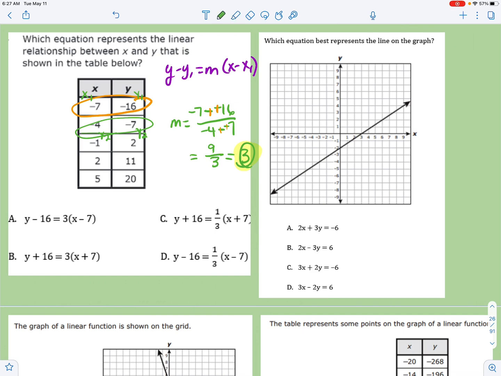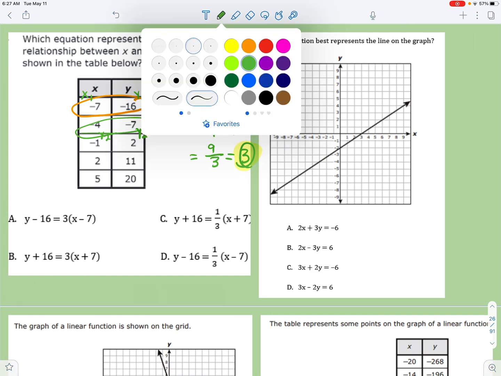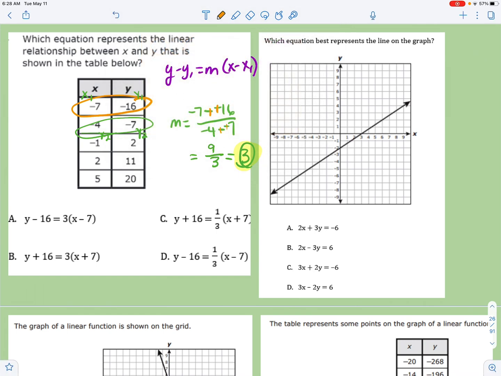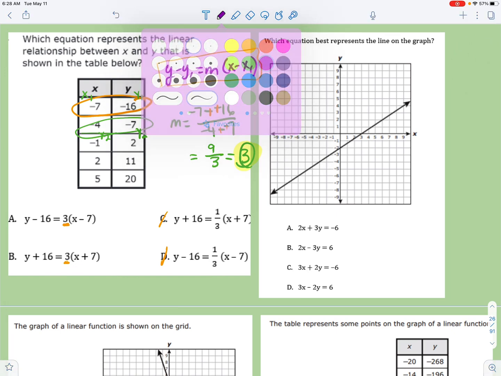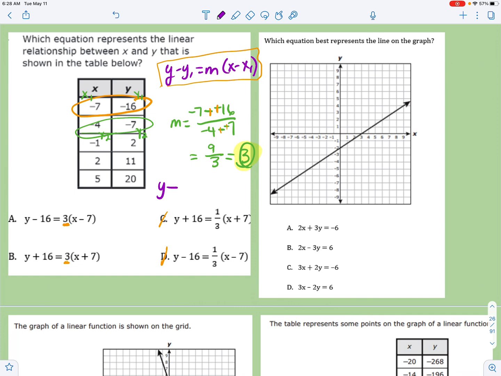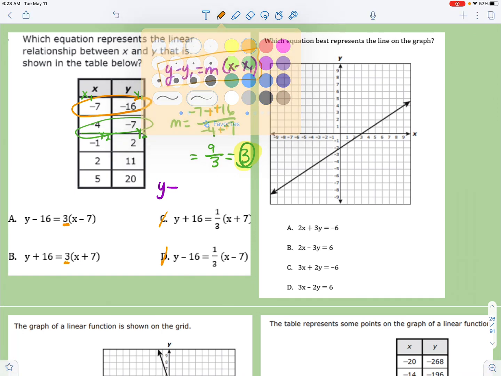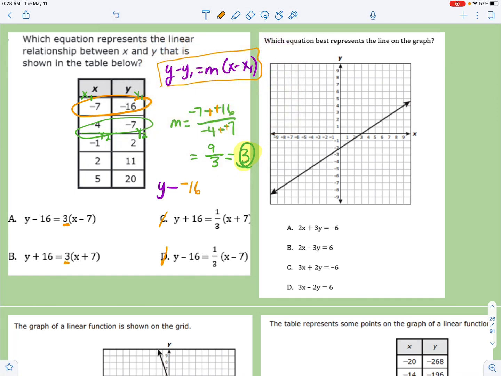Now we can look and see what the answer choices are that has this slope of 3. And it appears that C and D are out of the question and that A and B have the slope of 3. But now we have to say, okay, -7 and -16, how do we plug it into this formula? Well, remember, the formula says y minus our y1, and y1 is -16, right?